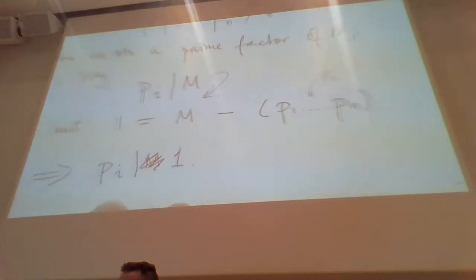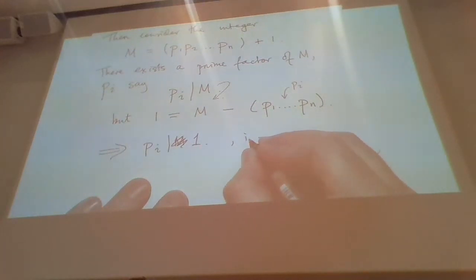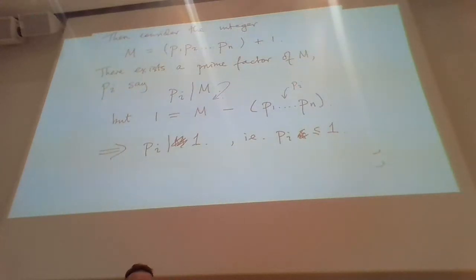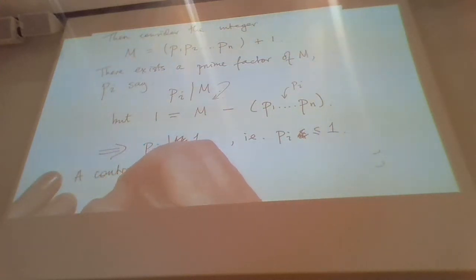Here, we seem to have found a prime number that is dividing 1, i.e. p_i is less than or equal to 1. Whichever way you look at it, it's a contradiction.